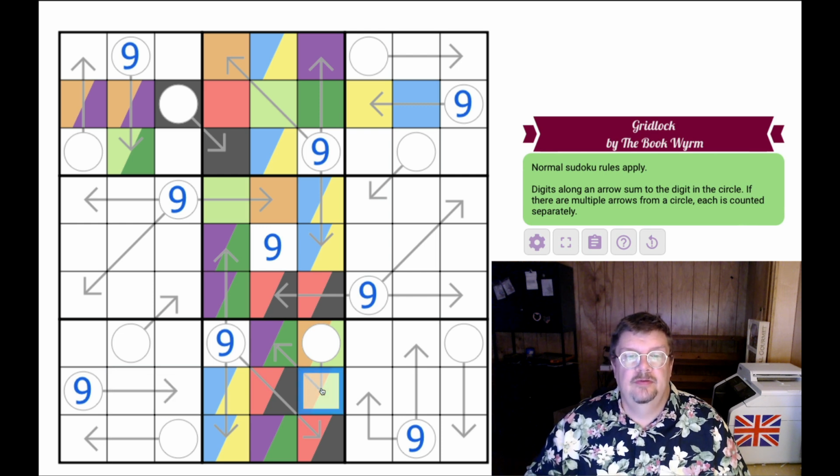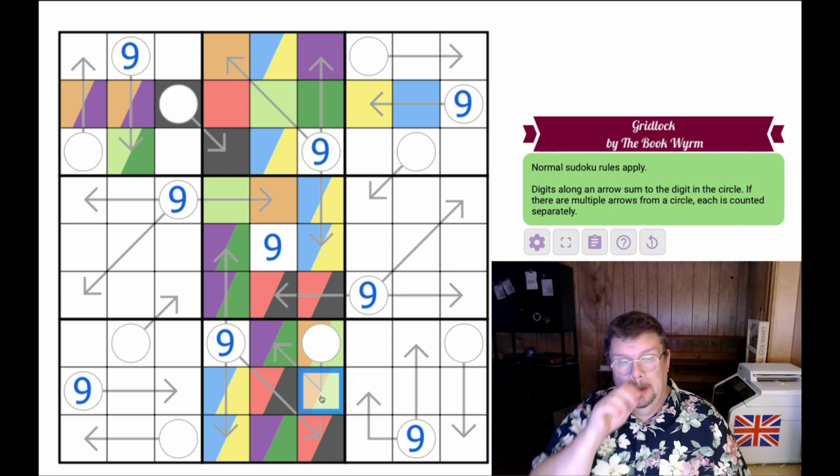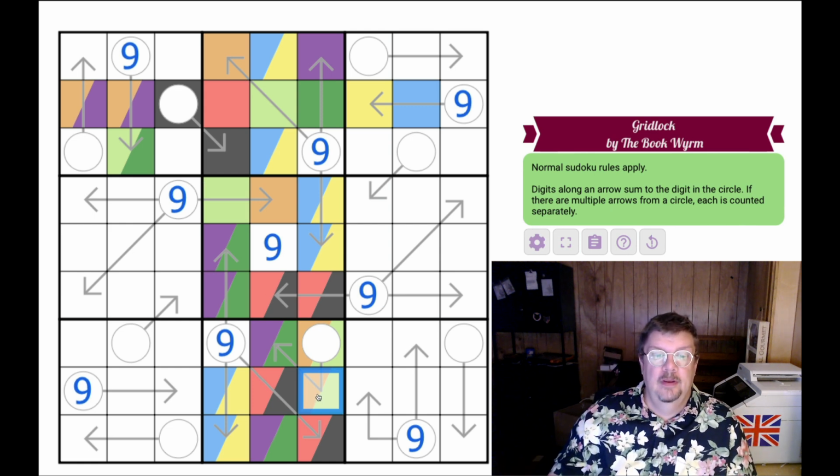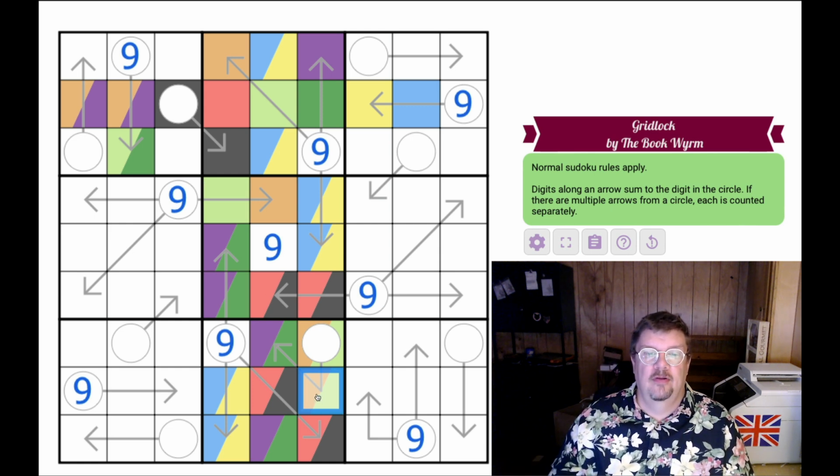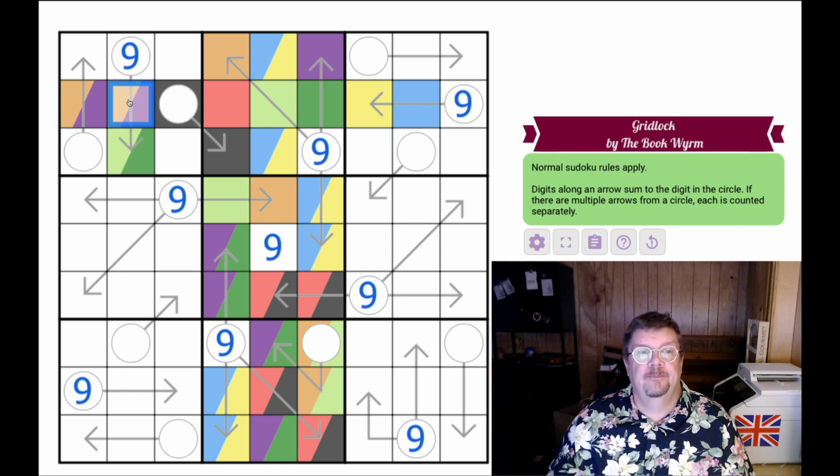That is a 9 sum pair. So when we've got 2 colours in a cell, we've got to be careful to remember whether or not they are part of a 9 sum pair or not. These are not, those 2 digits, orange and purple, do not sum to 9.